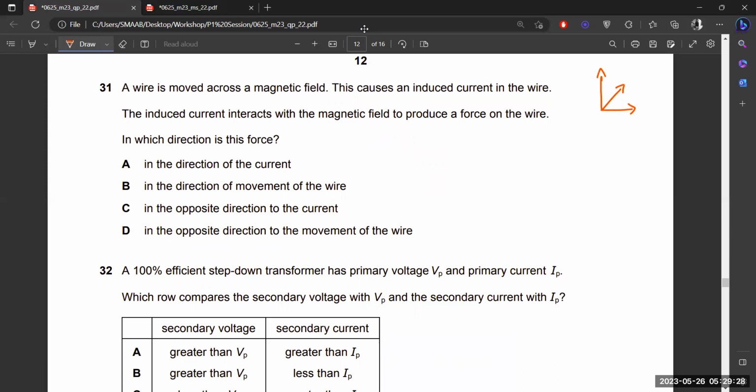So if the wire is moving in some direction, our force will be in the opposite direction, because in the middle there is a magnetic field. So all three of them are mutually perpendicular.